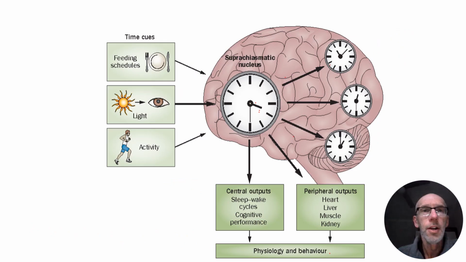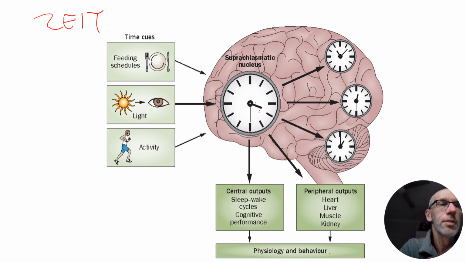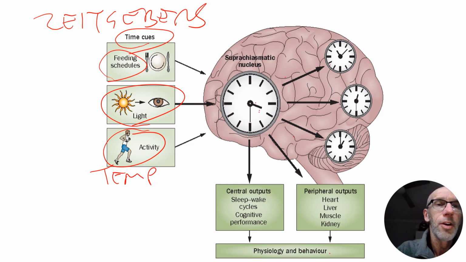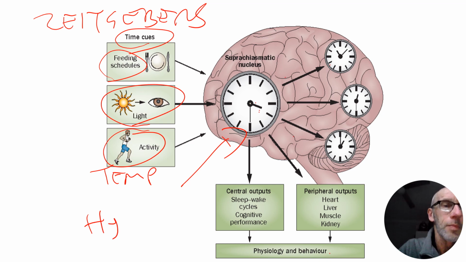Now, there is a complex array of internal mechanisms and external factors that influence and direct the circadian sleep-wake cycle. In the VCE course, we focus on the external factors, which we know as zeitgebers. Zeitgebers, or time cues, such as when we eat, light or lack of, activity and temperature, all influence an area of the hypothalamus.